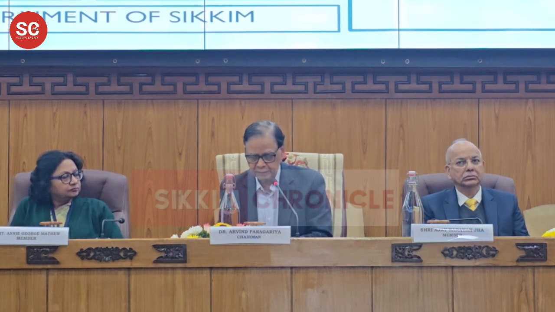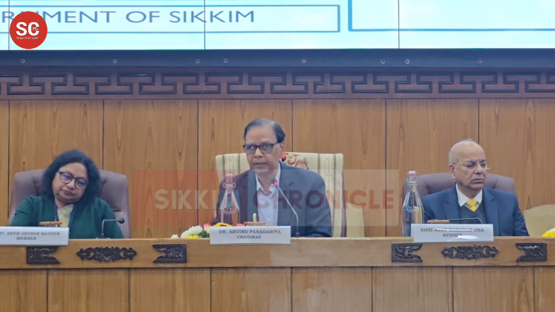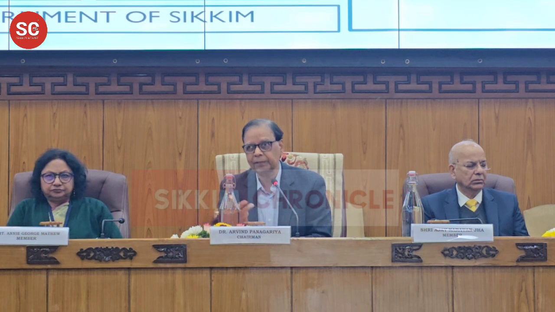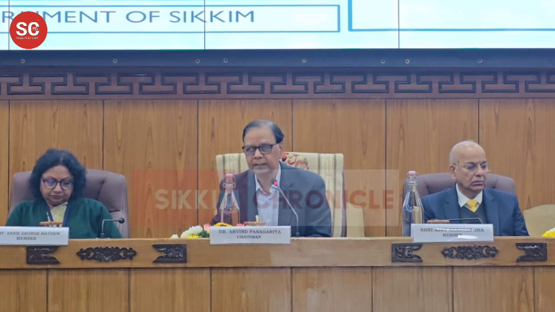Then the Sikkim government introduced another new criterion. It suggested GSDP contribution, how much each state has contributed to the GSDP, meaning to the GDP of the country. So you can see that generally a richer state with high per capita income will benefit from this criterion. And Sikkim, being the state with the highest per capita income, stands to benefit from that criterion.